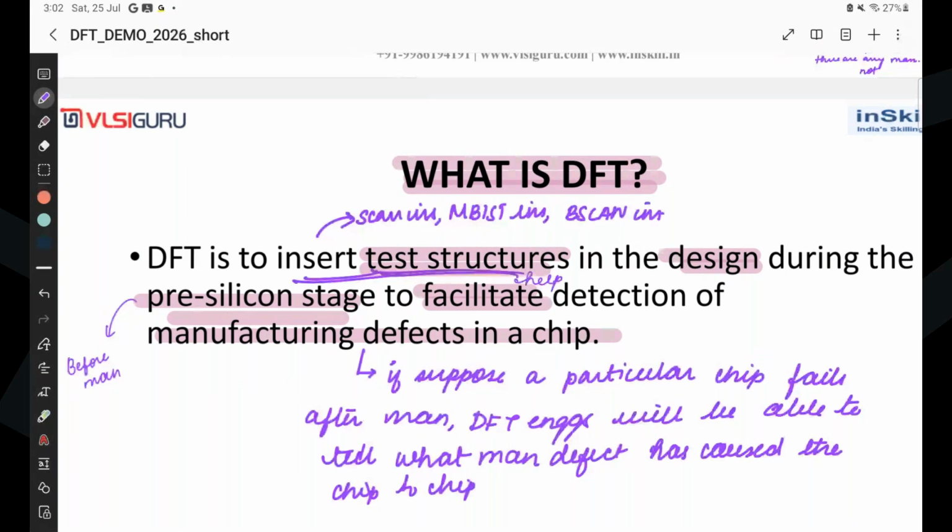This helps detect manufacturing defects in a chip. If a particular chip fails after manufacturing, DFT engineers will be able to tell what manufacturing defect has caused the chip to fail.